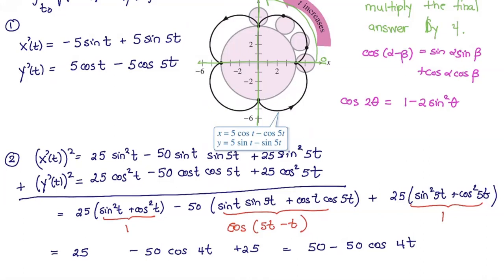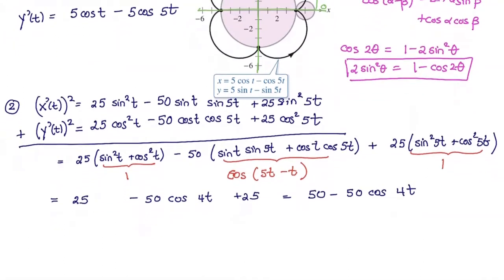That would have been fine in this particular setting as well, but this is more convenient for what we purpose to do, because we find that 2 sine squared of theta is going to equal 1 minus the cosine of 2 theta. And so this becomes a very convenient formula for us to use, since that's the way our function now appears to be. The form that it comes in is as 50 times 1 minus the cosine of 4t.